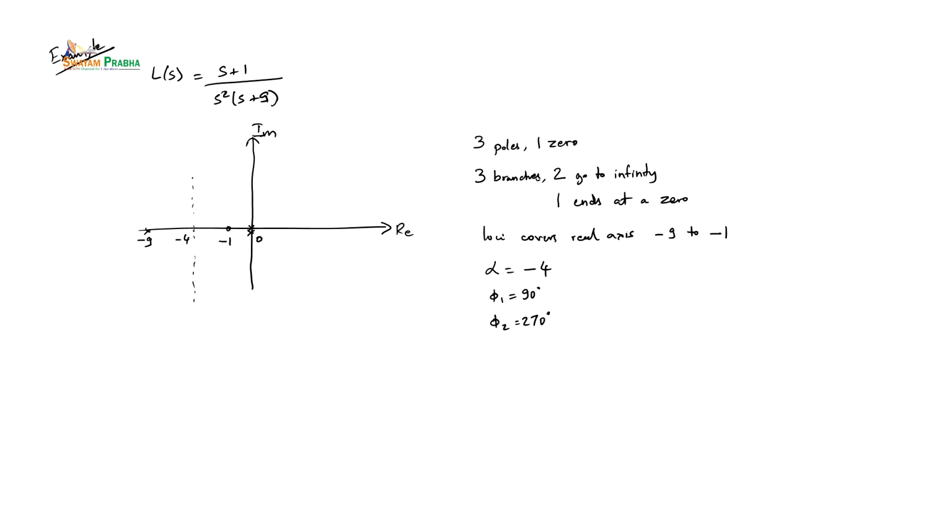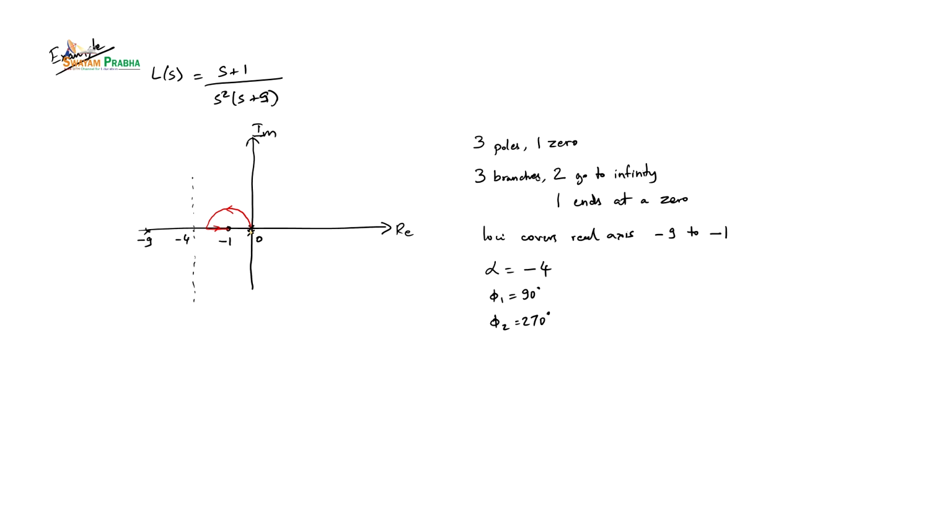So now with this information, we will try to draw the loci. So the first one will start from the pole at 0, come to some location here just before minus 4, and then we will go all the way to this zero.